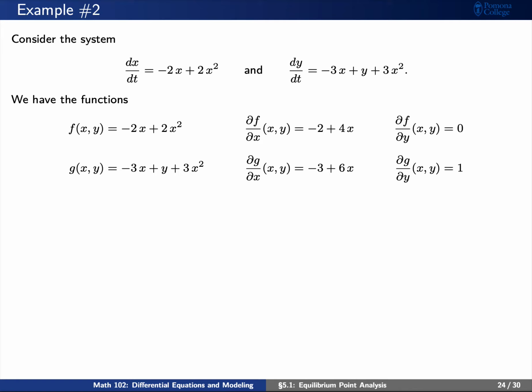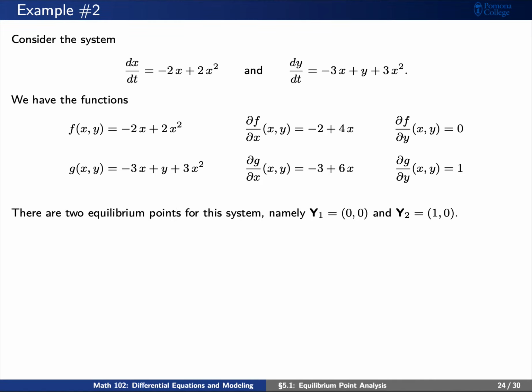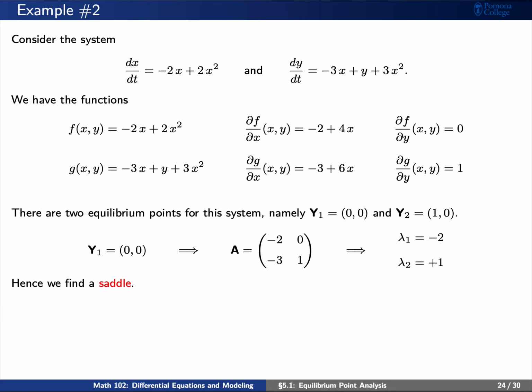Similarly, dg/dx equals negative 3 plus 6x, and dg/dy equals 1. We found that there are two equilibrium points for the system, namely the origin (0, 0) and (1, 0). Evaluating the first point for our Jacobian matrix, we find the matrix capital A is [negative 2, 0; negative 3, 1]. The eigenvalues of this are lambda 1 equals negative 2 and lambda 2 equals positive 1.